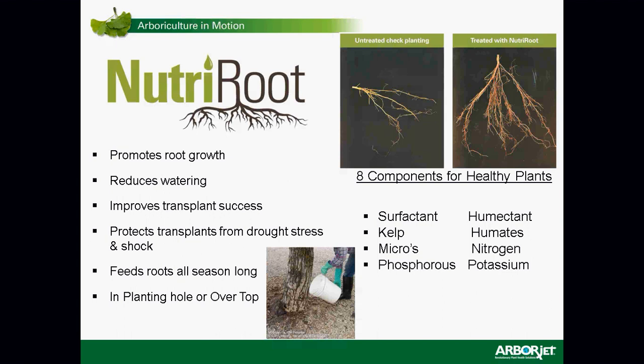So especially if I'm dealing with something time sensitive, I always recommend doing the NutriRoots application. If we're going into the dry months, so usually at the end of May, I start saying applications of NutriRoots are key if you're going to be doing any applications, because the tree is going to need that water to uptake during those summer months when it's drier. So always a good thing to add.